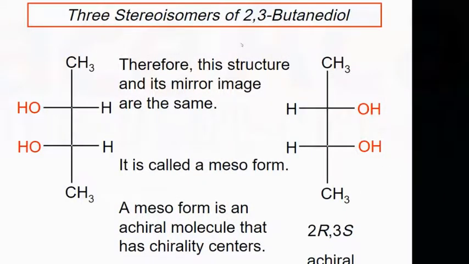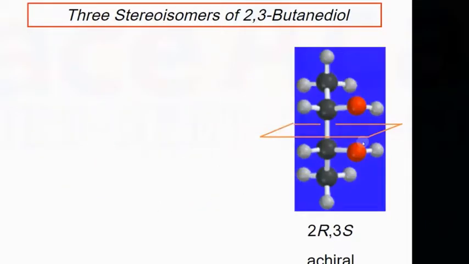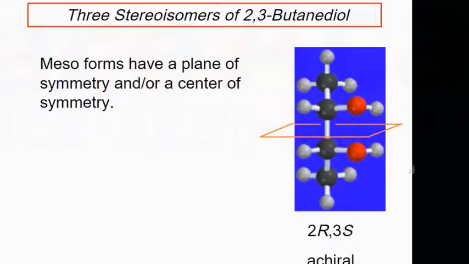Of the three stereoisomers of 2,3-butanediol, what we observed is that the structure and its mirror image are the same. It's called the meso form. The meso form is an achiral molecule that has chirality centers. Here, if you keep the mirror in the middle, you get the mirror image of half of the structure.